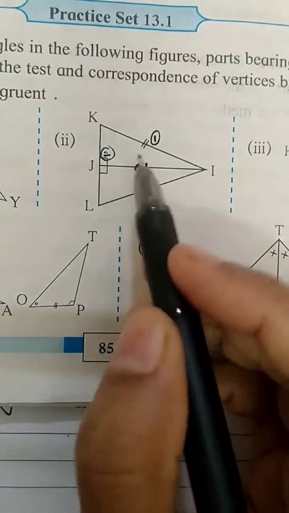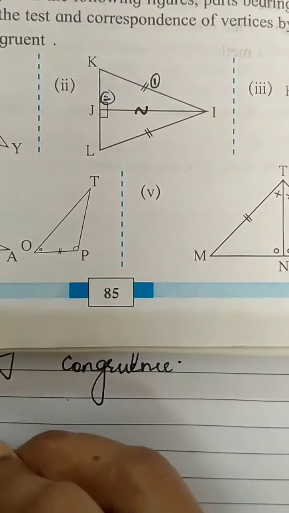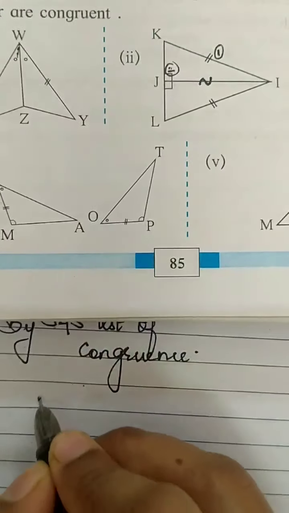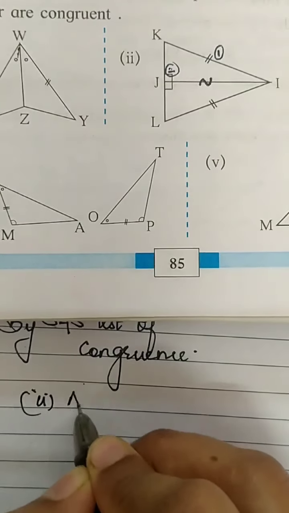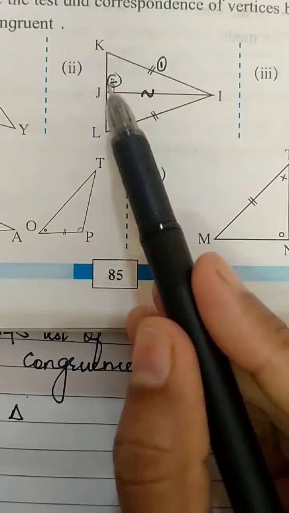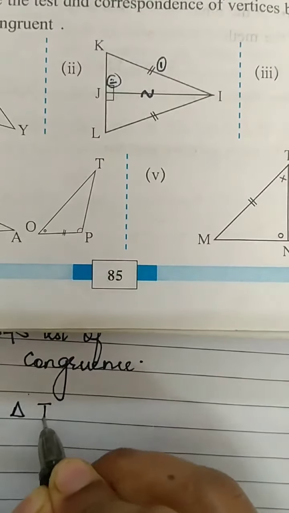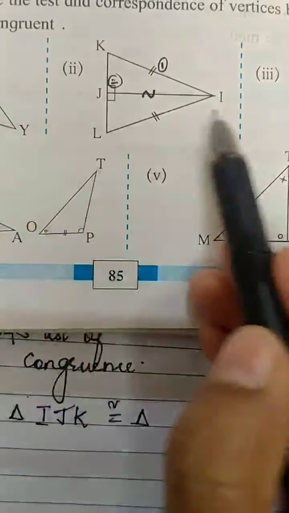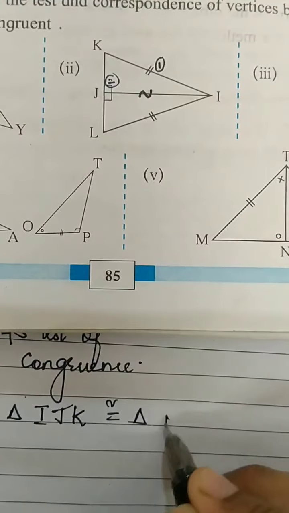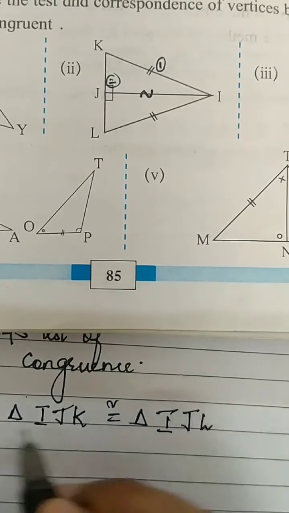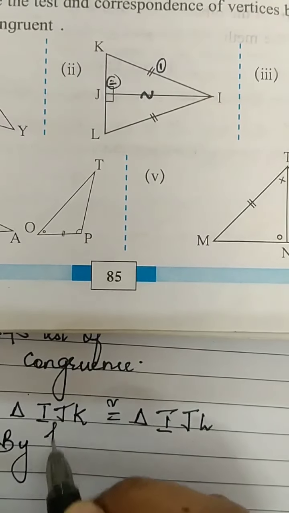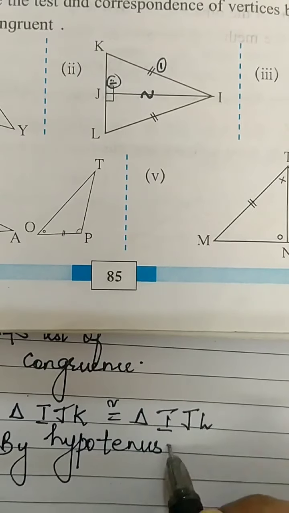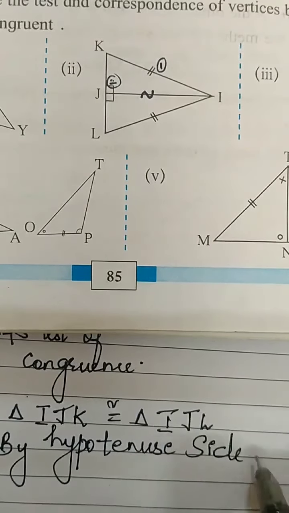So both these triangles, now let us write the name of the triangle, second sum, triangle IJK congruent to triangle IJL by hypotenuse side test.